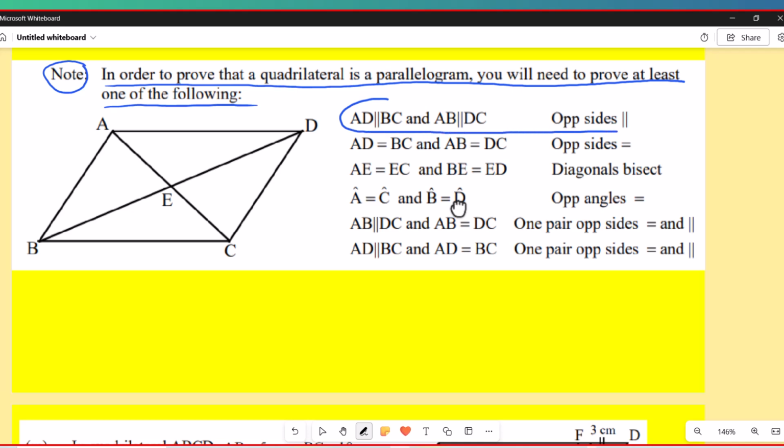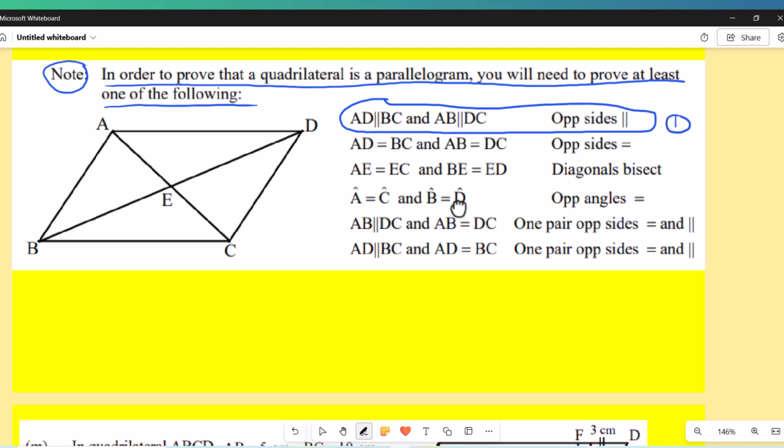Okay. Now, as you're going to see in our proofs down there, if we can show that any two opposite sides are parallel, then that's a parallelogram, and it is sufficient. When I say sufficient, I mean it is enough.